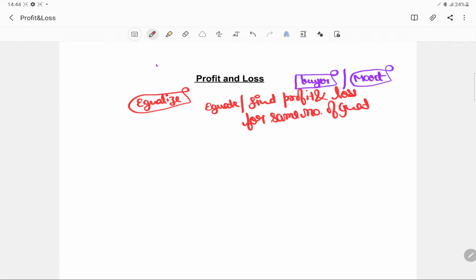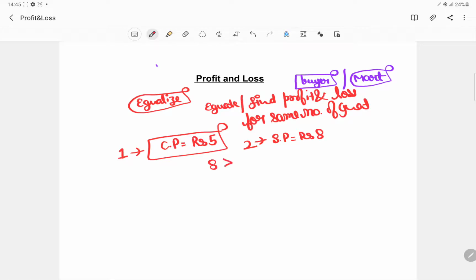Okay, what does this mean is, for instance, I bought a pencil and it costed me around rupees 5. So this is the cost price of one pencil, and I ended up selling two pencils for rupees 8. So I can never say, since 8 is greater than 5, that I had a profit.